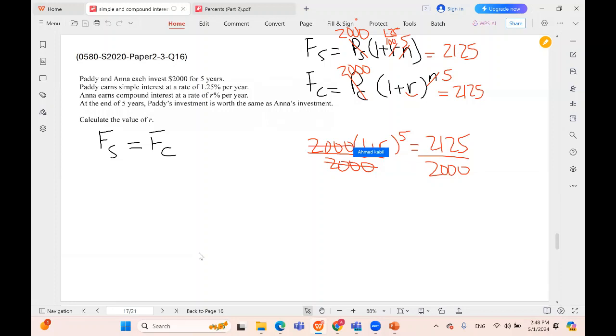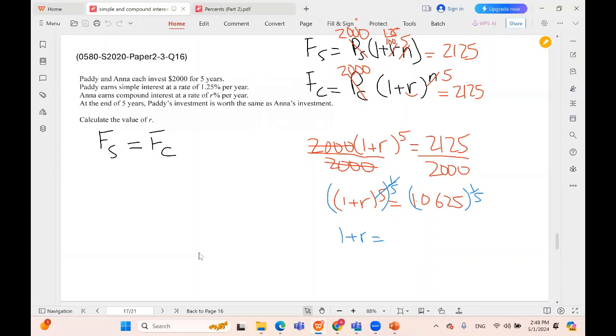So 1 plus R to the power 5 equals 2125 divided by 2000, which is 1.0625. To get rid of power 5, I can raise to the reciprocal power, power 1 over 5, on both sides. These will cancel out, so 1 plus R equals 1.0625 to the power of 1 over 5.